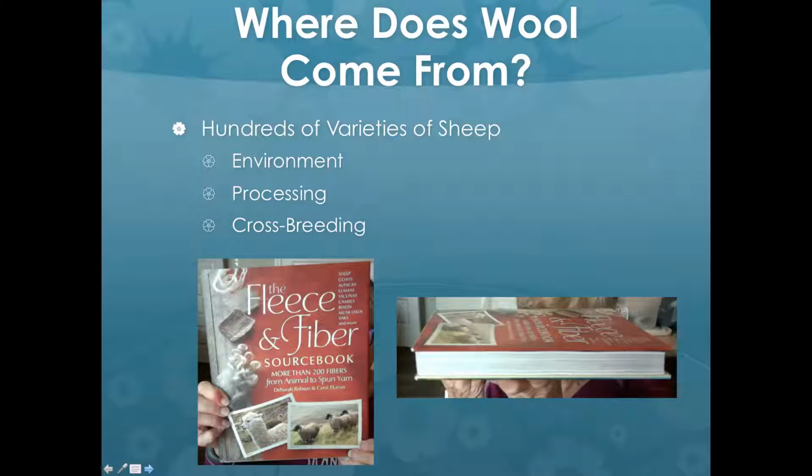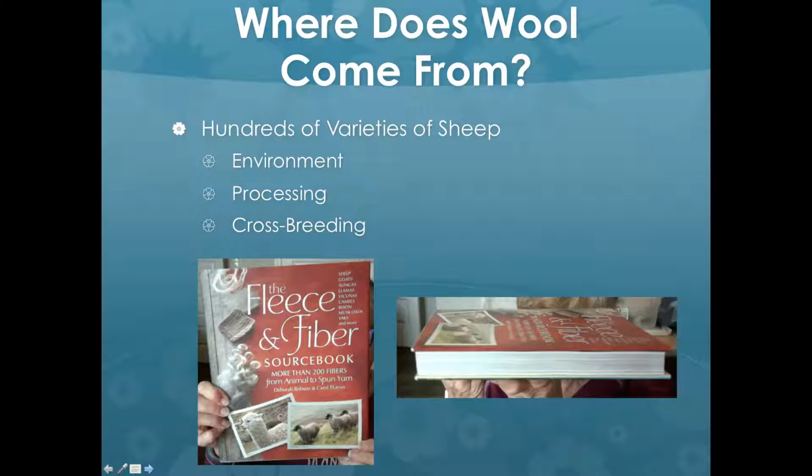Also, where the sheep live matters. You could take a sheep in a very cold environment, and that same breed of sheep in a warmer environment will give you a different kind of wool. The Spanish brought over sheep and settled in Florida and Central America. Well, it's really hot there, and sheep are not hot weather animals.